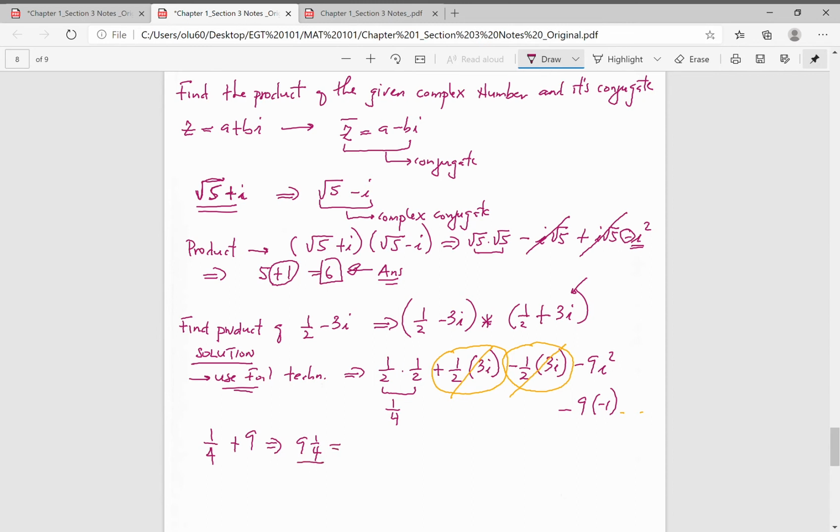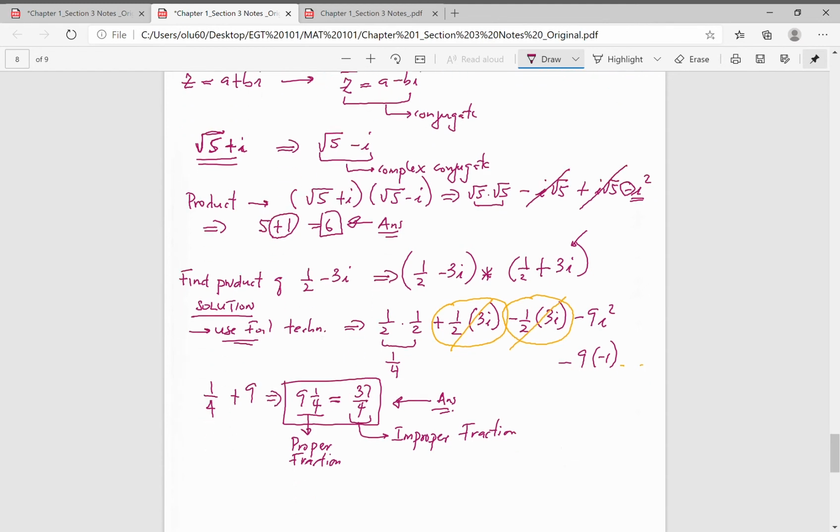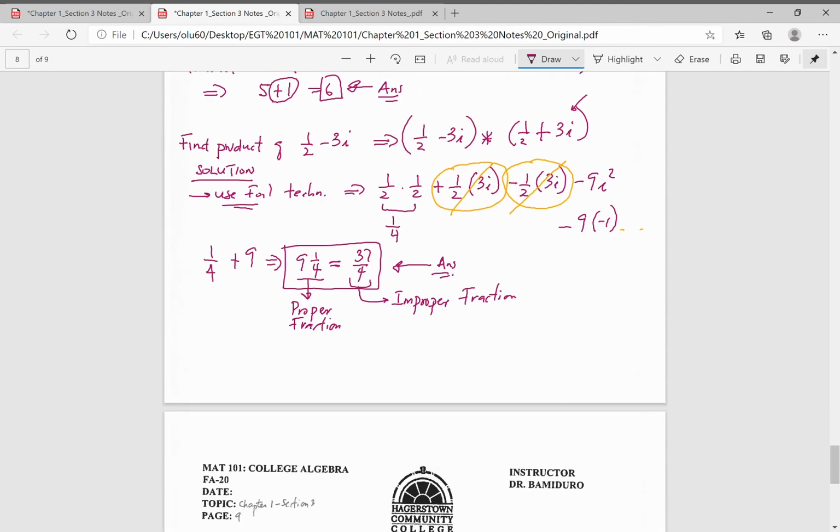The improper fraction would be 37 over 4. Either one is a correct answer. Okay. Again, this is your proper fraction, and this right here is your improper fraction.